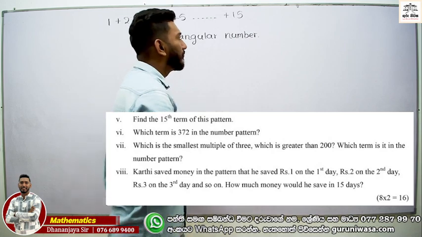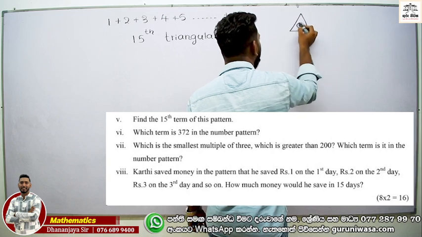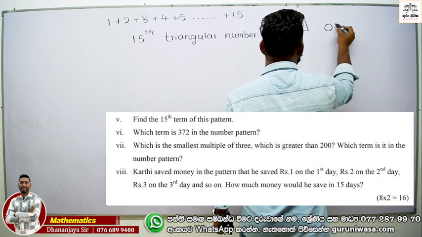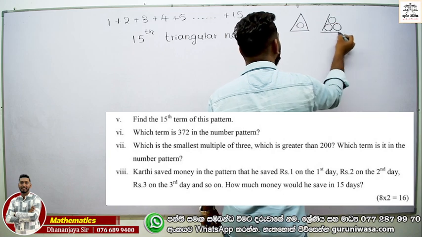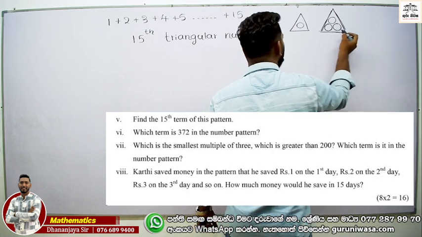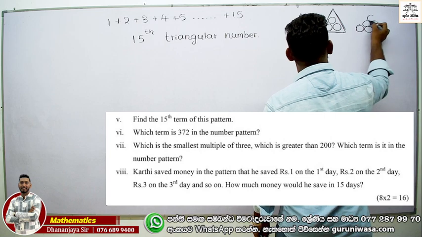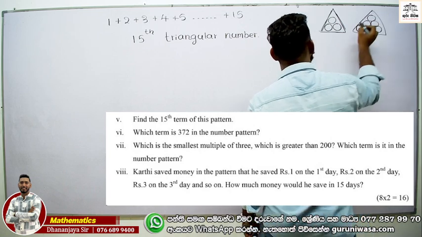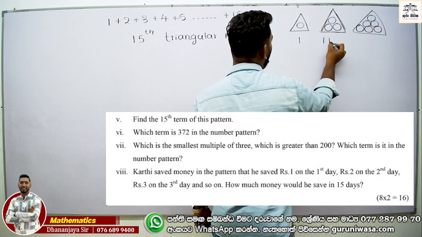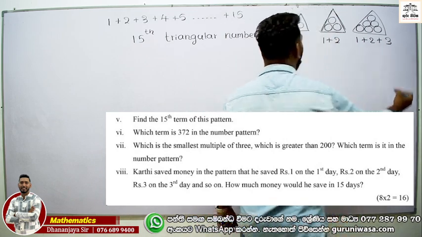Look at the board. First triangular number is 1. Second triangular number is 3. Now third triangular number 1, 2, 3, 4, 5, 6. මේක කොහොමද හැදුනේ? 1, 1 plus 2, 1 plus 2 plus 3. Aha, මතක් වුණාද?